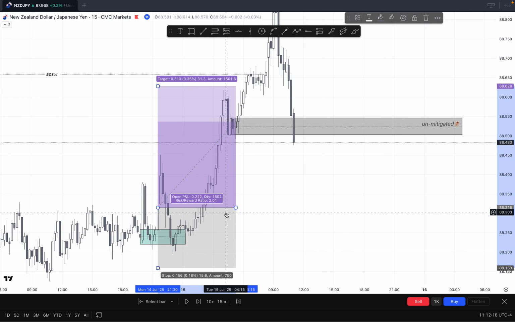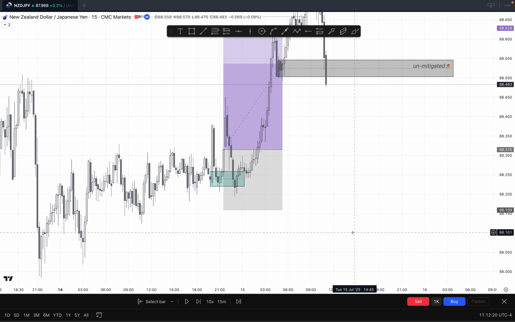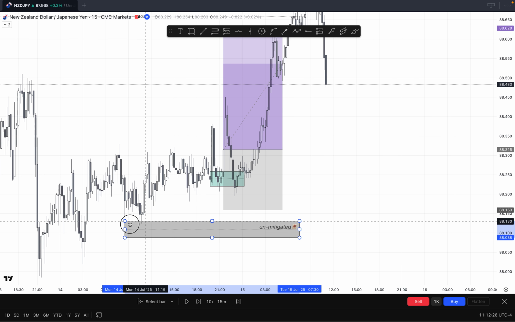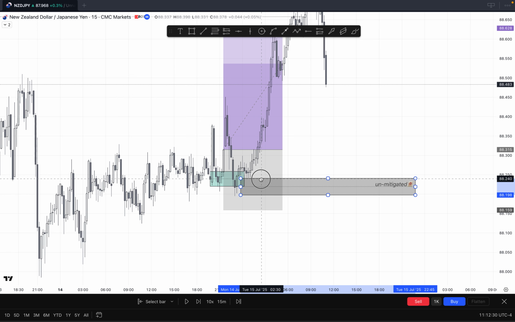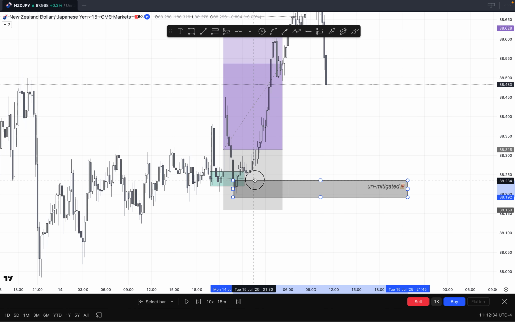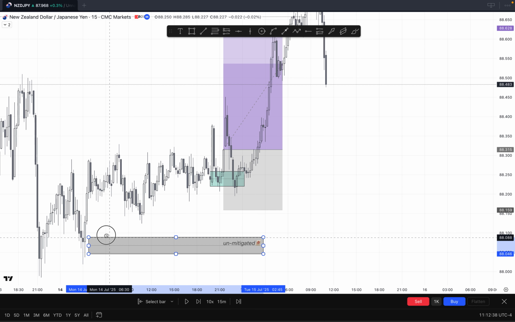I'm gonna now move to the last point, I would say here, the same one down here, that's unmitigated. I'm not going to use this here because it got mitigated with this here. So I'm going to be using this one right here.